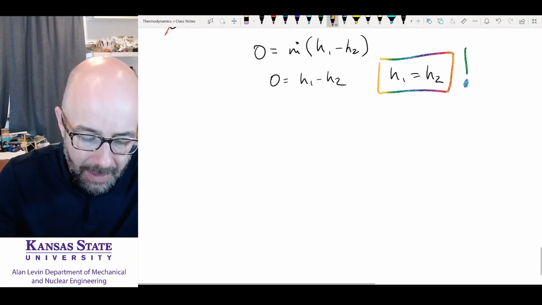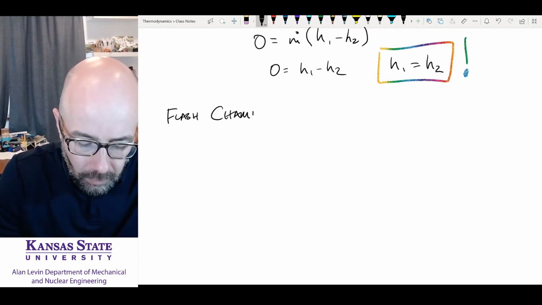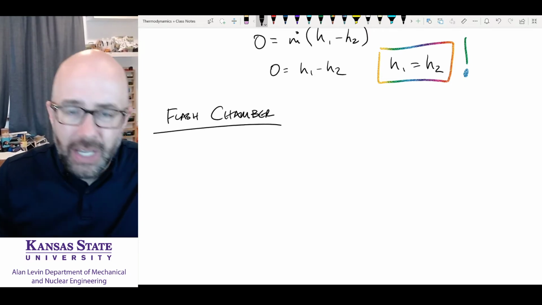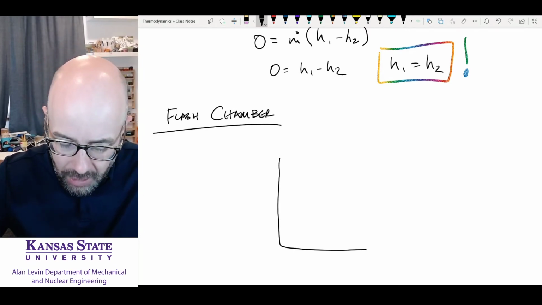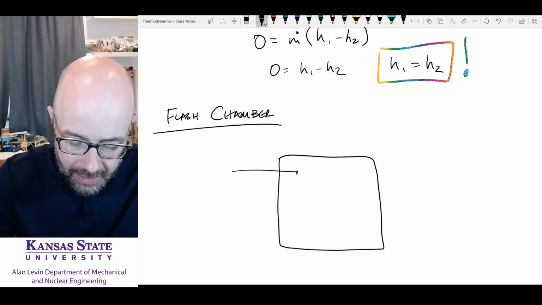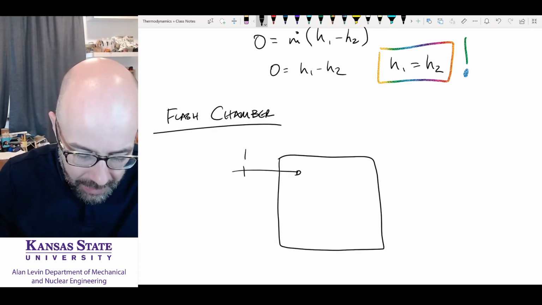The last thing I'll throw in here is a flash chamber. You will see a flash chamber from time to time in this class, and it is a big chamber where what's coming in as state 1 is going to be probably steam. Okay, it's going to be some steam of some quality.